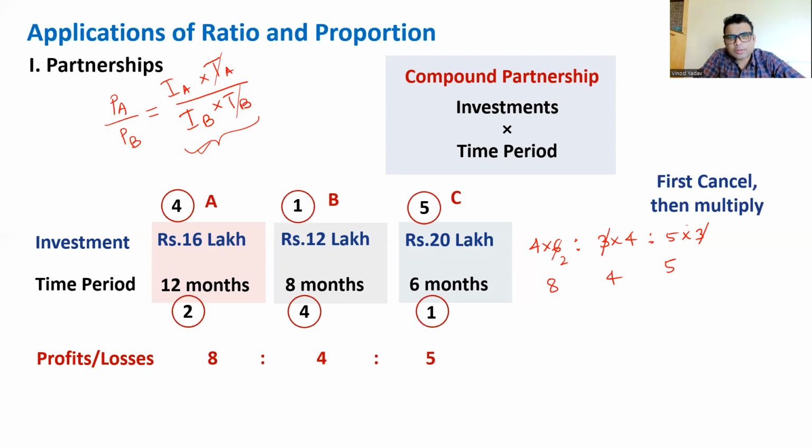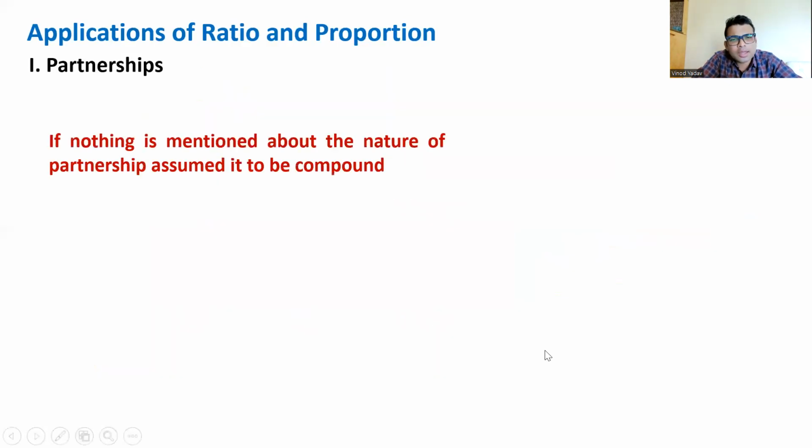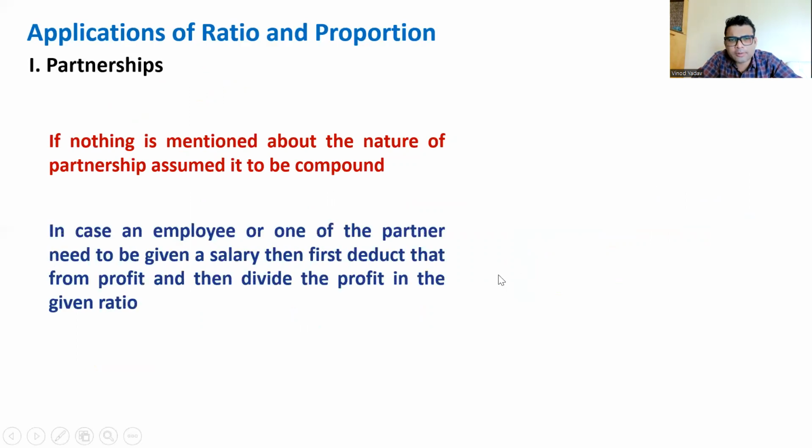All right. So understand this. Don't multiply and make the numbers big and then worry about the reduction. So why multiply first? First reduce as far as possible, cancel out all the common terms across, and then the remaining terms should be multiplied, the way we did just now, 8 is to 4 is to 5. Okay. All right. And if nothing is mentioned about the nature of partnership, it should be assumed as compound, right?